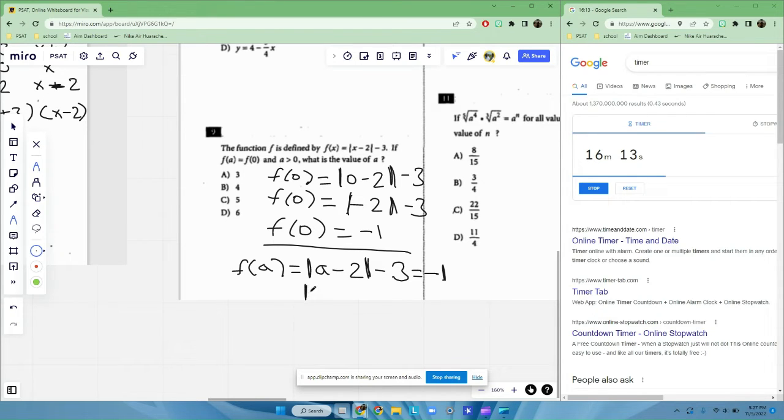So the absolute value of a, minus 2. We can take minus 3 to the other side, so we still have this as the absolute value of a minus 2, equal to 2. So we have this as plus 2, and we're not going to change it because it was in the absolute value. You take it to the other side, you get 4, so your answer is B.